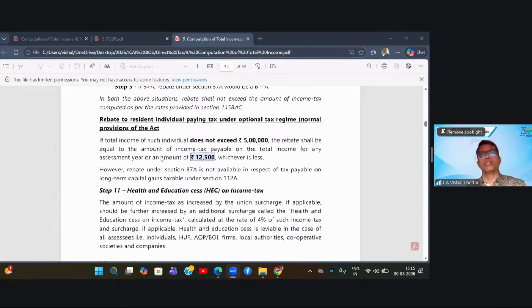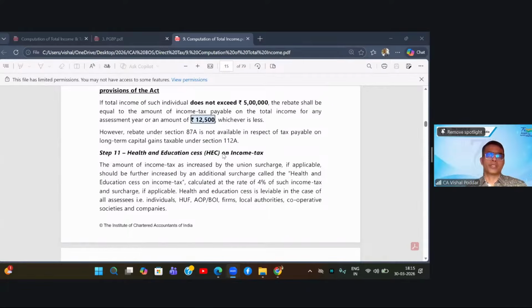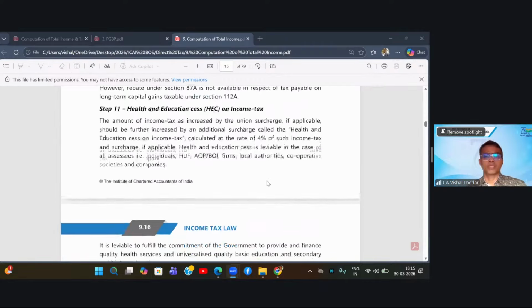Then if you're in the old regime, then only up to rupees 5 lakhs you have this benefit of rebate, which will be tax up to 12,500. And besides this, after adjusting the surcharge, you have the final amount which has to be added, that is the health and education cess, which is a fixed rate of 4%.